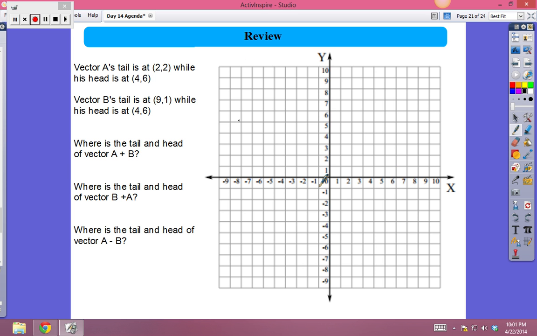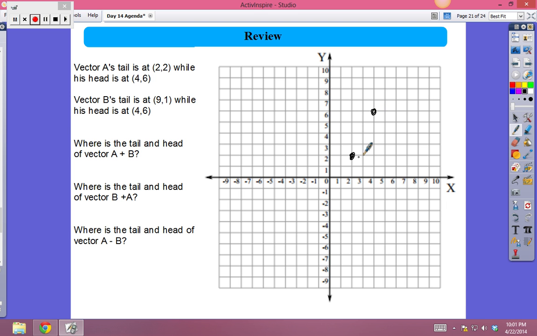So I told you I wouldn't put something like this on the test, but for fun, let me review, not all of it, but just quickly, an addition problem. If you have vector A, its tail is at 2, 2, so I'm going to go over 2, up 2, that's its tail. Its head is over 4, up 6.